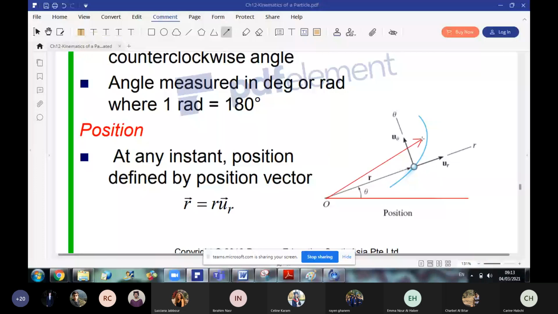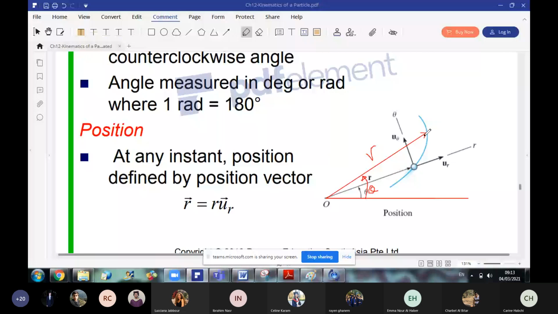I need the angular position, meaning the angle theta between the reference line and my position vector. For example, this is theta here. And a second important factor to know is the magnitude of the position vector, which is called R. So if I know the angle with the reference and I know the magnitude of OP, then I can define my position completely.